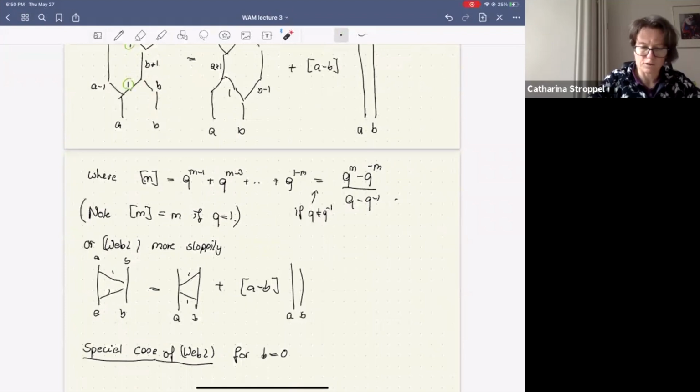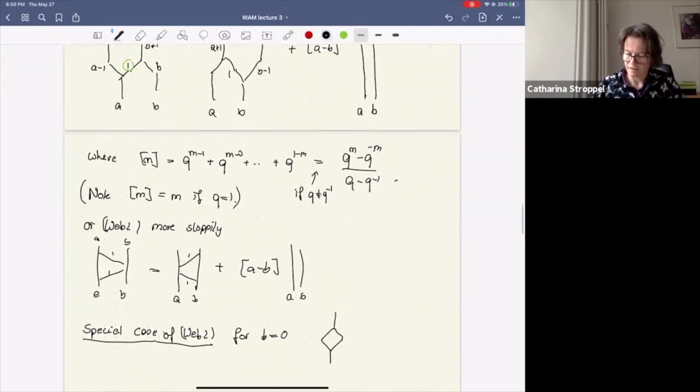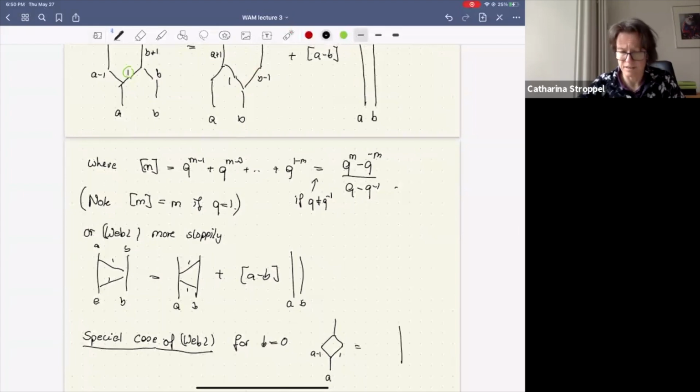And what you just get is the following. On the left-hand side, you get such a thing labeled by A, and then you split off 1. So here it's A minus 1. And on the right-hand side, all this stuff disappears.